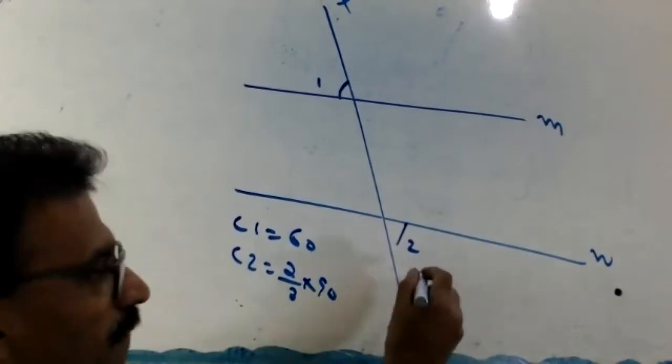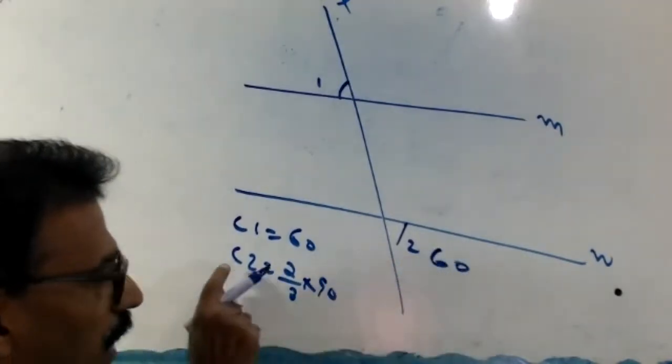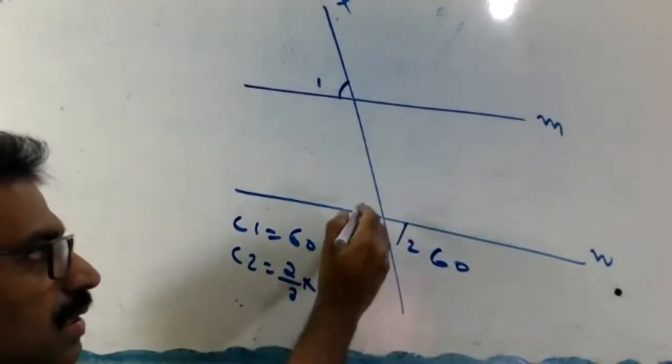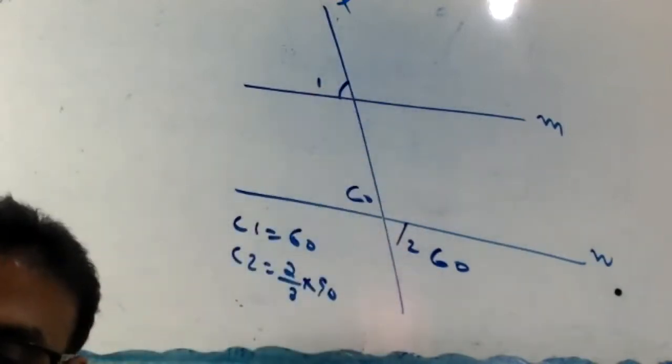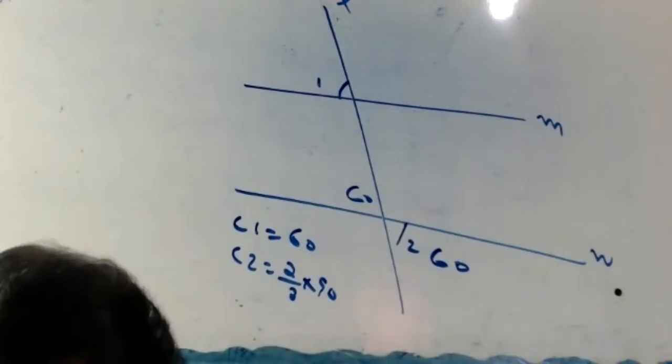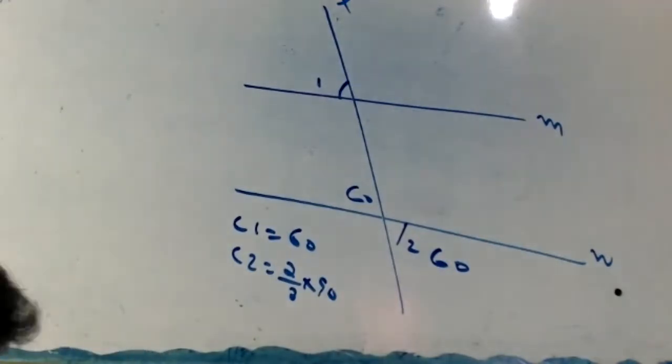This is 60. 2/3 of 90 is 60. This is also 60. So angle 1 and this are both 60. Lines are parallel. Why? Corresponding angles. Okay, next question.